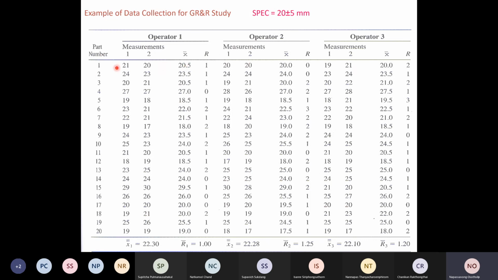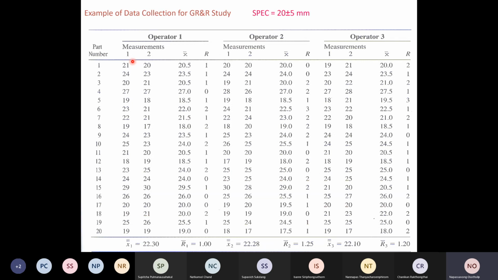That means part number one will be measured 6 times, right? And then you will use the gauge cross method to calculate the related numbers.